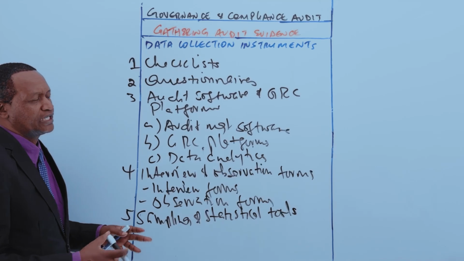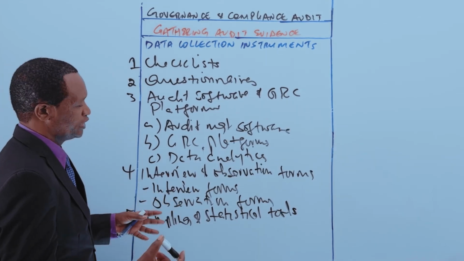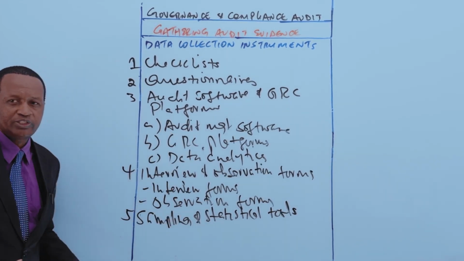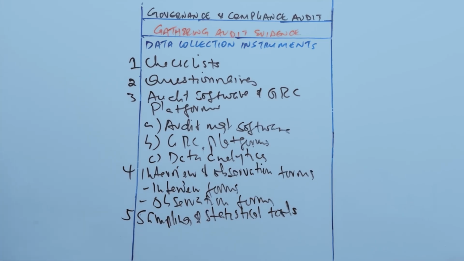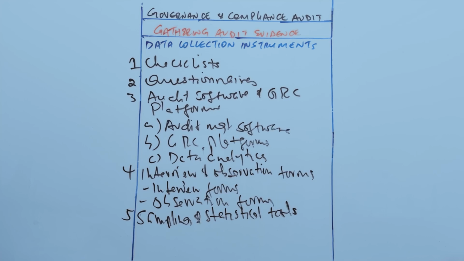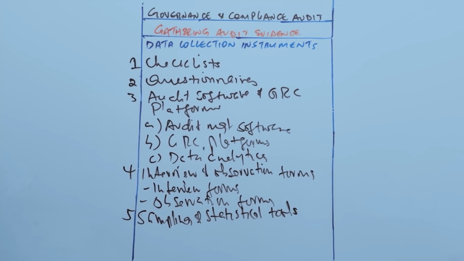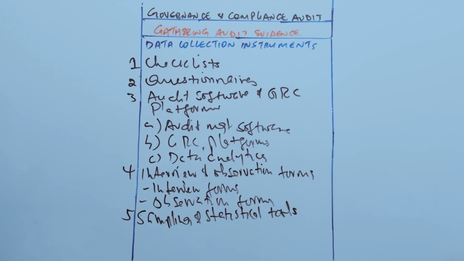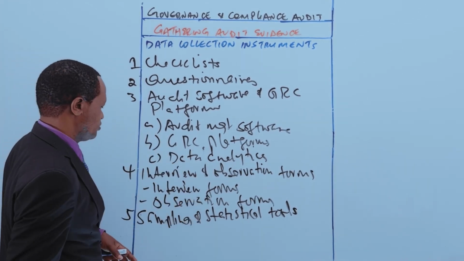Auditor may choose to take a fraction of the records and not to examine the entire population. Sampling tools can be as simple as a random number generator or as complex as a specialized software that helps auditors to select a statistically valid sample. And this technique is crucial when it is not feasible to examine every item of the population.